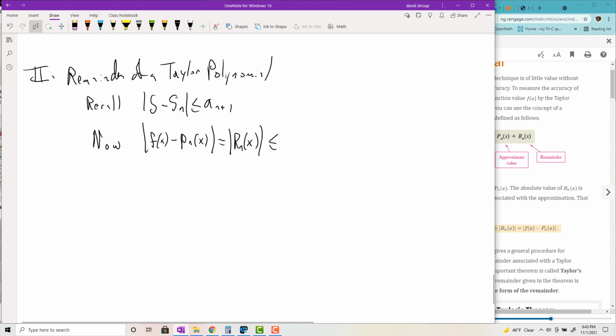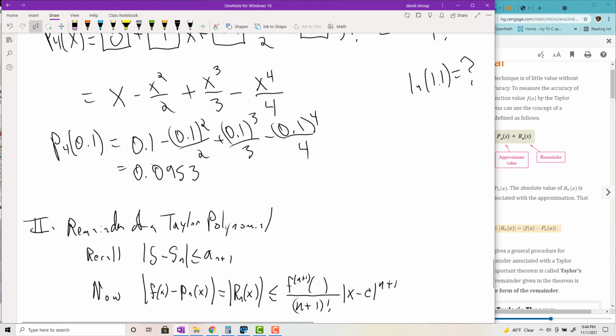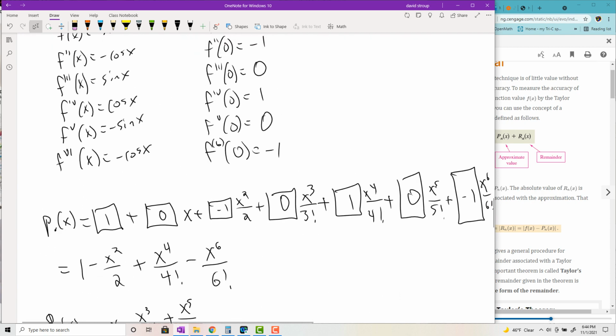So the next term in the Taylor series would have been the n plus first derivative evaluated at some number x divided by n plus 1 factorial times, and here's where it's going to get a little different, the absolute value of x minus c to the n plus first power. But if you think about it, that's exactly the next term in line in the Taylor polynomial.